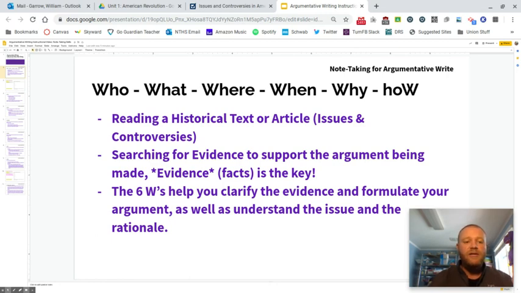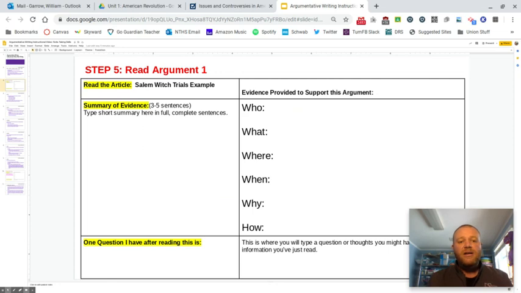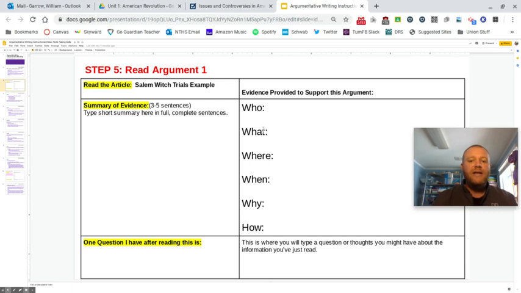So we're going to take a look at that today. Just as a reminder, okay, on your assignments, typically you're going to have boxes like this, right? You're going to have a table on your assignment, and it's going to ask you to read an article, and then it's going to ask you to provide evidence about that article that these guys are using to support their argument. And to do that, that's where you're going to answer the 6 W's: who, what, where, when, why, and how. And by including that information, you're going to have a full understanding of that argument.